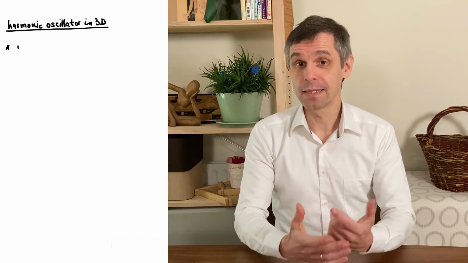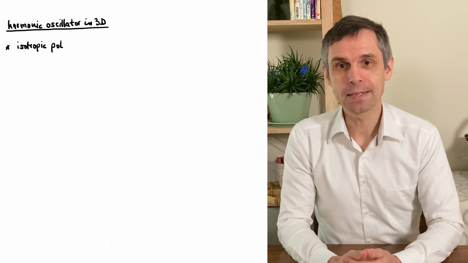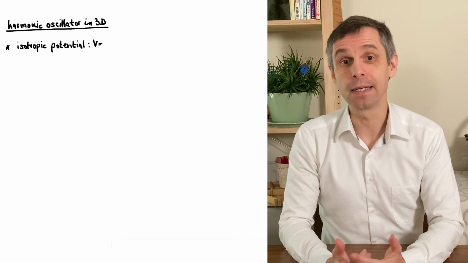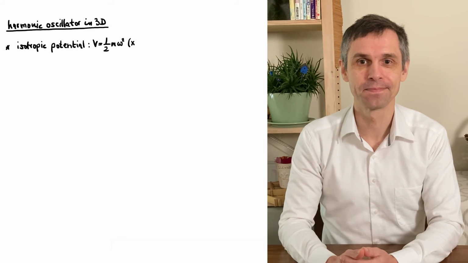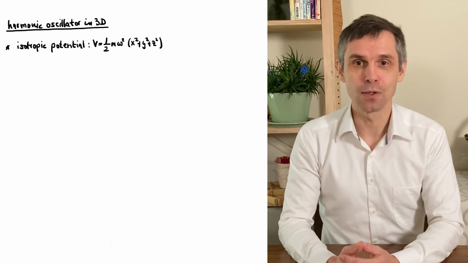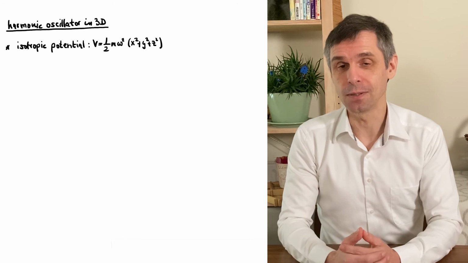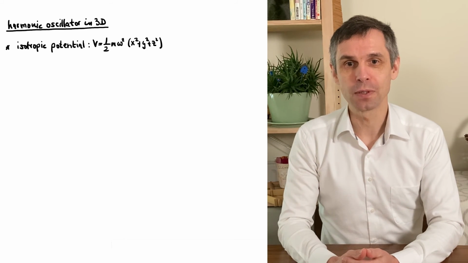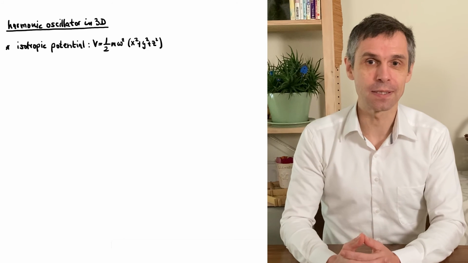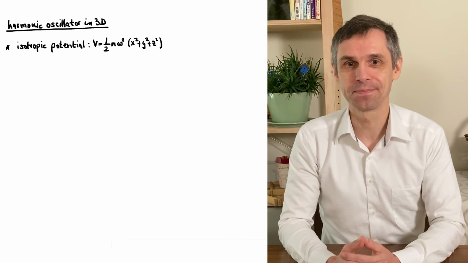As our last simple example, we consider the 3-dimensional version of the harmonic oscillator. We consider the so-called isotropic case, where the angular frequencies in all 3 directions are the same. This is not required for our separation of variables in Cartesian coordinates, but bridges over to the case of rotationally symmetric systems that we discuss next.